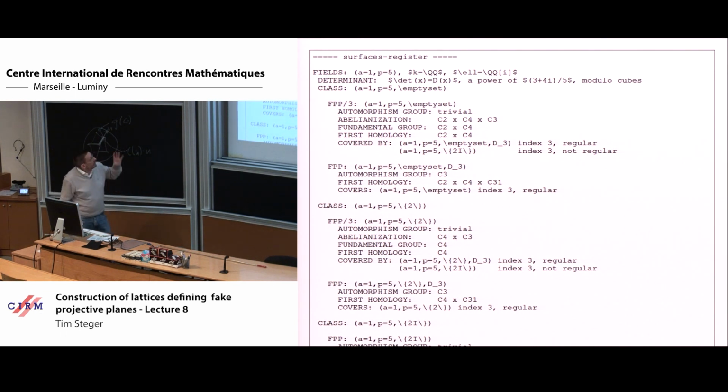This document, which is available to anyone who wants it, lists all the fake planes, but also all of these surfaces covered by fake planes, and the calculations that were done here. Everything else that I said is basically straightforward and quick calculations. I did them with GAP, Donald did them with Magma, and we cross-checked their results.